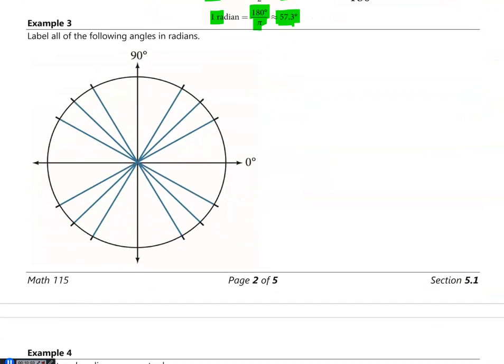So next, label all of the following angles in radians. So 0. Alright, the first one, this is 30 degrees. So to convert 30 degrees, we multiply this by pi over 180.